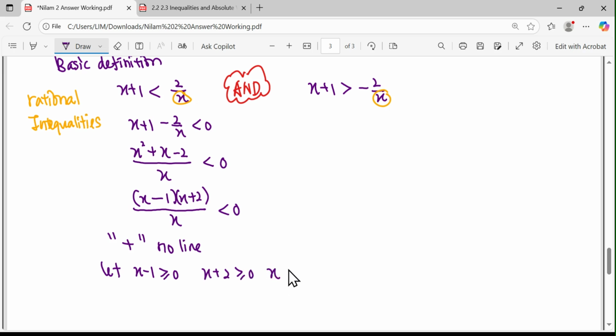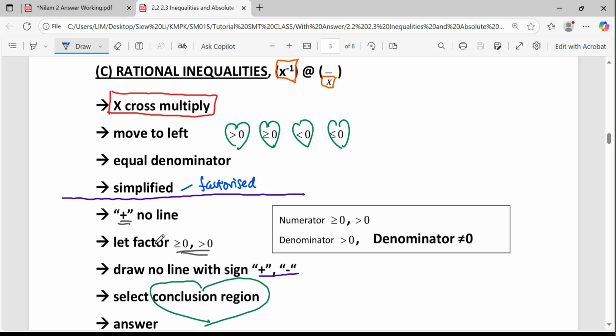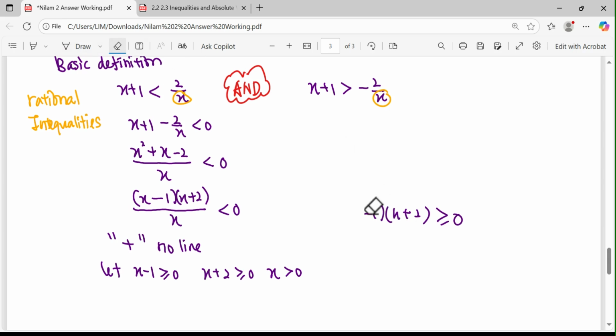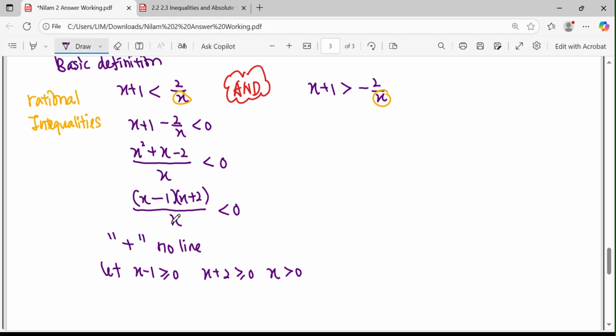Let the denominator be positive but not equal 0. So that is what we mean in this note. Let the factor positive, not letting all the numerator positive. Bukan let macam ini. This is not letting it positive. You must let it one term, one factor by one factor. So we have 3 things here.